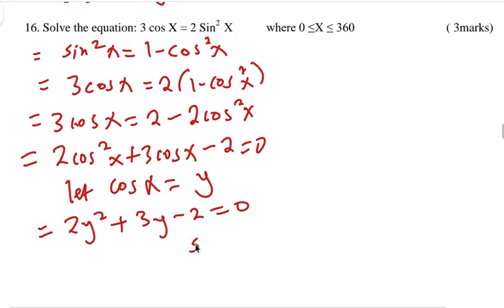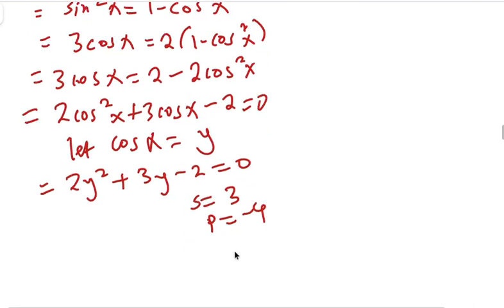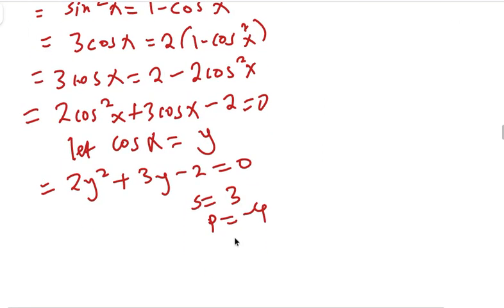Okay. Using sum and product, your sum is 3. Your product is 2 times negative 2, negative 4. So which are the two numbers? Your two numbers are which? If you add it gives 3, if you multiply it is negative 4. So are the two numbers 3 and 1? No. Is it negative 4 and 1? No. It is 4 and negative 1.